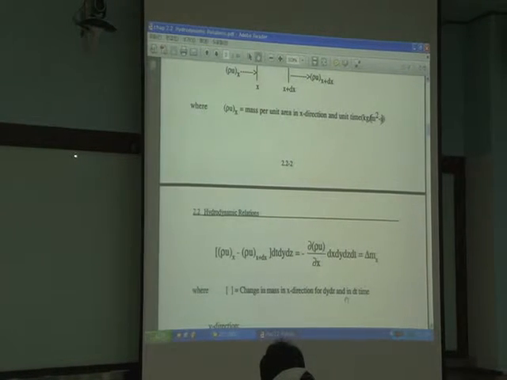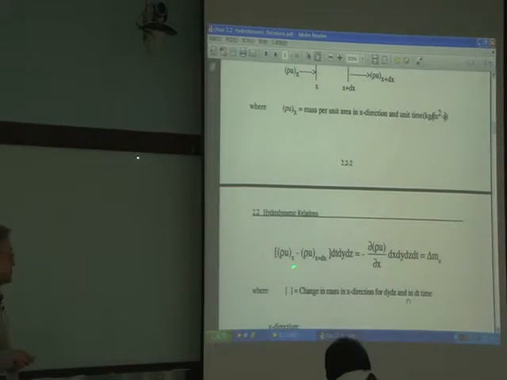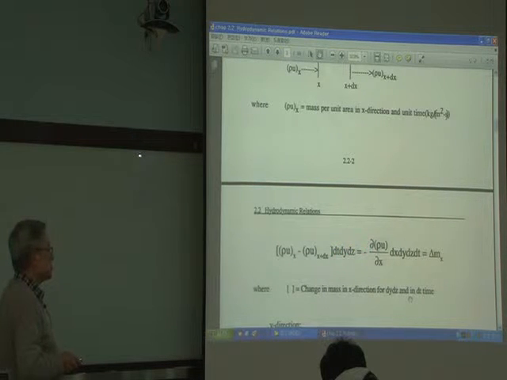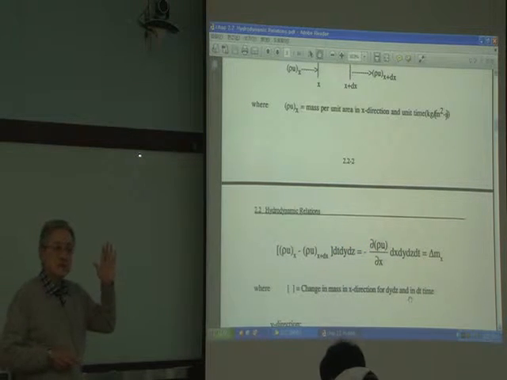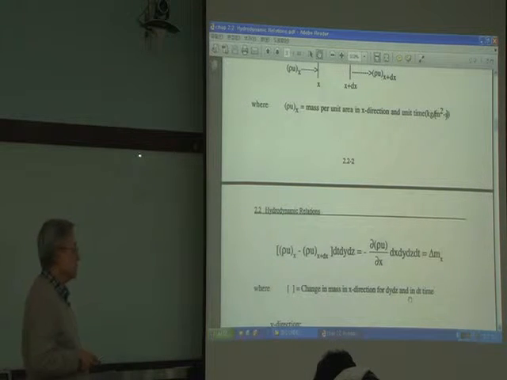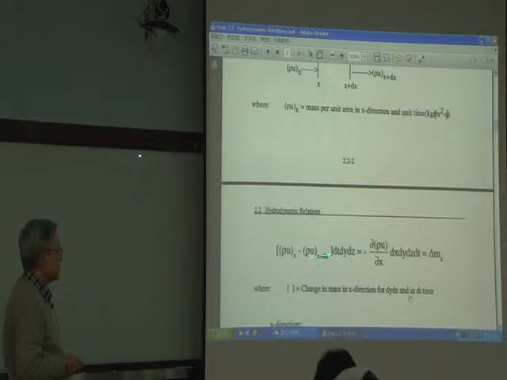Then the differential is concerned with rho u x at the x face minus rho u x at the x plus dx face, at time dt. Then dy dz is the surface normal to the x direction for the differential volume. This is equivalent to minus. Why is it minus?